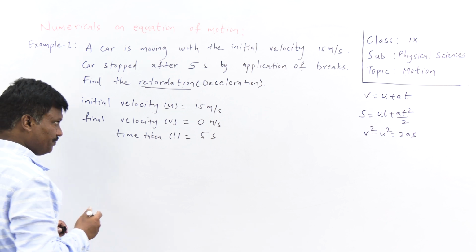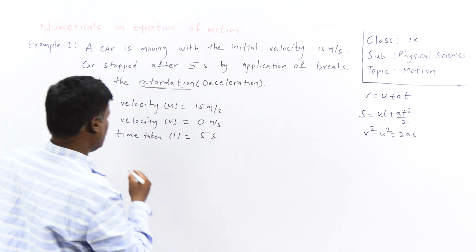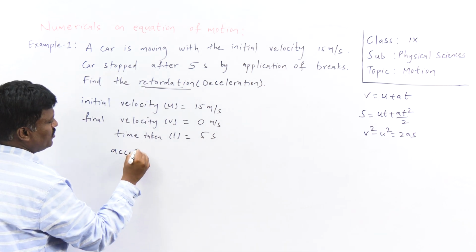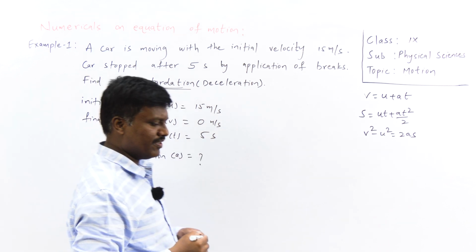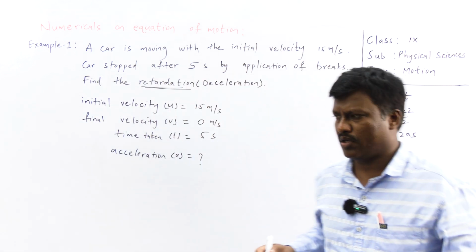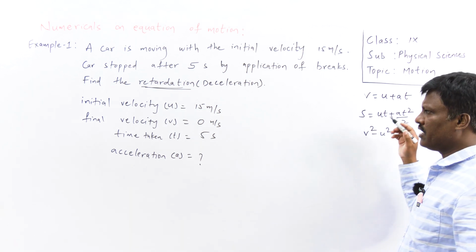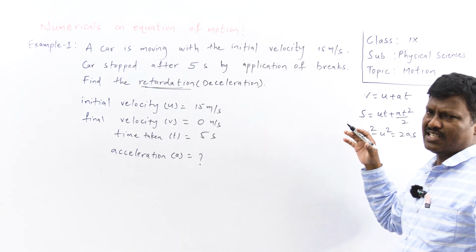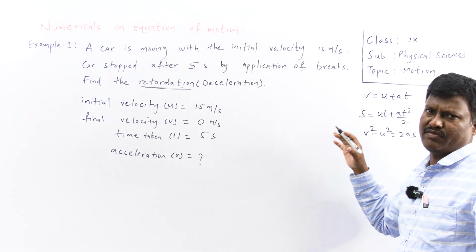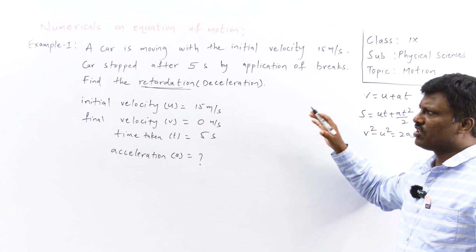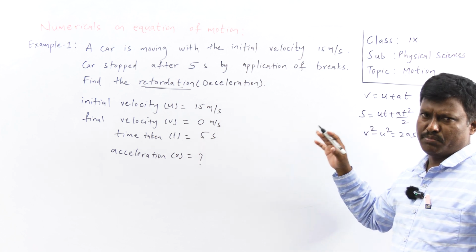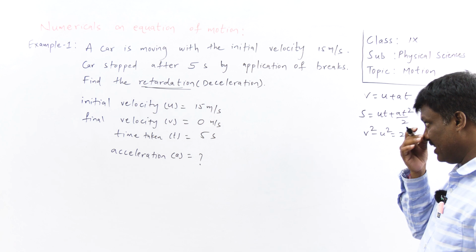Which formula do we have to use among those three equations of motion? You have to understand. If you are familiar with solving problems, it is okay, but very new students, who are just learning the equations of motion for the very first time, while solving problems the first time, please remember one thing.